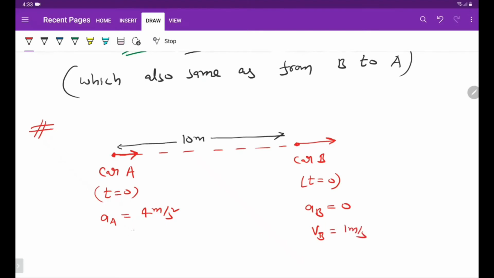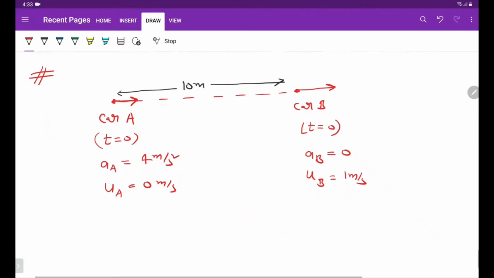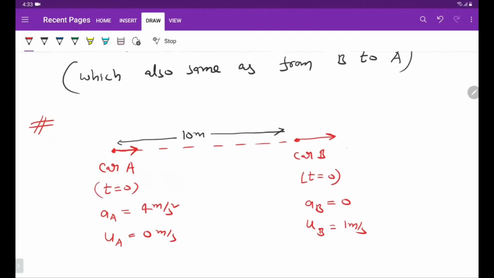Car A has acceleration, but its initial velocity is 0 meter per second. Initially car A has no velocity, but car B already has velocity at time t0. At any time, car B stays constant, maintaining uniform velocity.